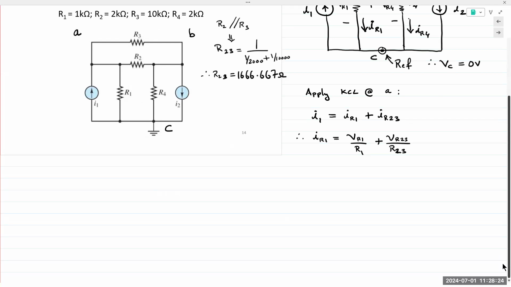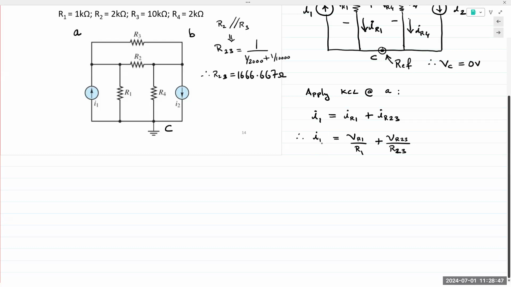Okay. First step was to write the KCL expression. I1 is IR1 plus IR23. And the next step is, of course, applying Ohm's law. I1 equals VR1 over R1 plus VR23 over R23.